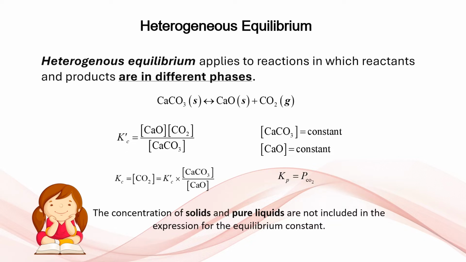Hence, we can write the equilibrium constant Kc equals the concentration of carbon dioxide. Or we can write Kc equals K prime times the calcium carbonate concentration divided by the calcium oxide concentration.